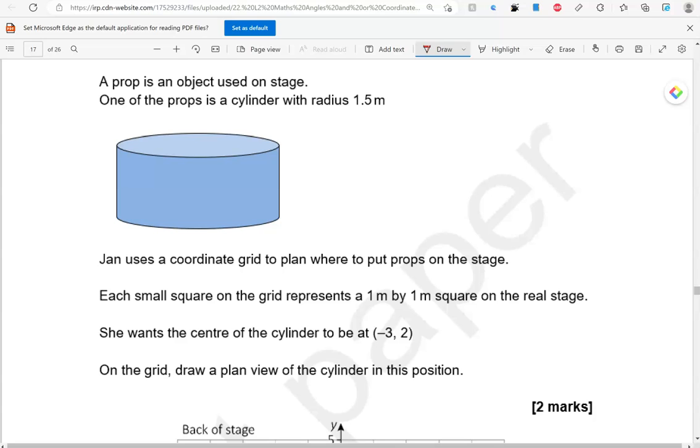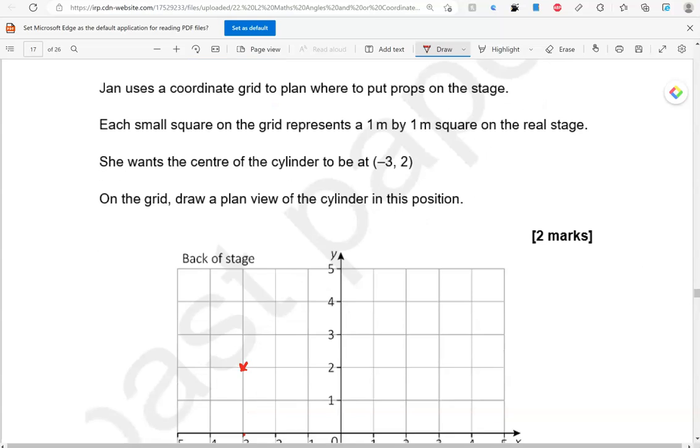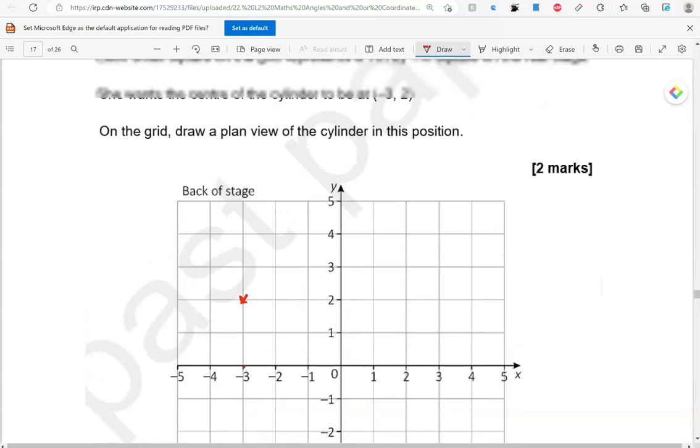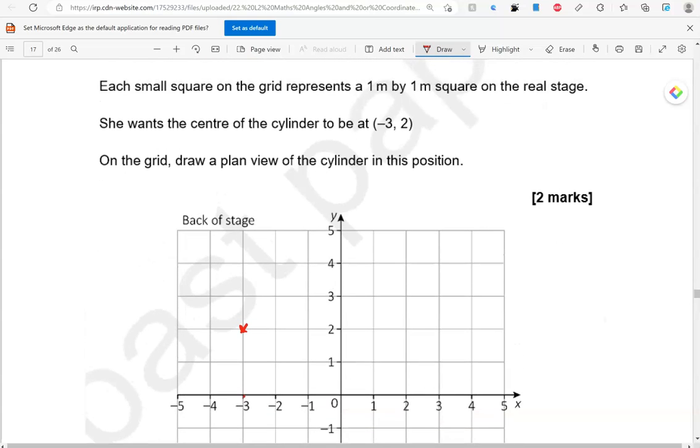And the radius is 1.5 meters. So this is 1 meter. So this is 1.5, 1, 1.5, 1, 1.5, here 1.5. So with a pair of compasses, you'll draw a circle like so.